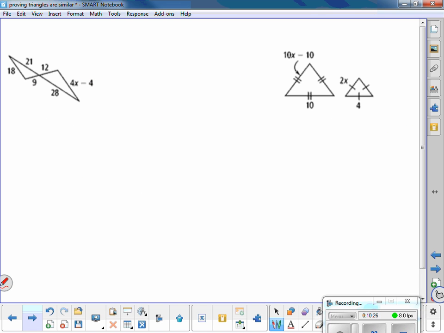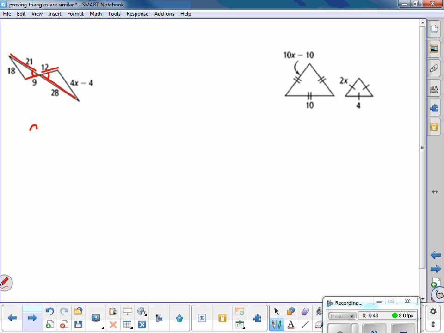Now, for the next one, I have congruent vertical angles. Now, we need to see if these sides are proportional. This side with this side, and this side.